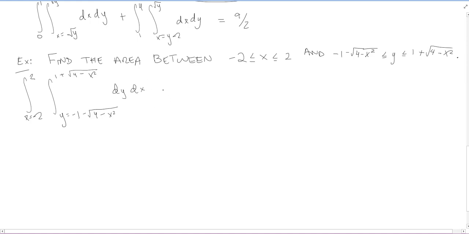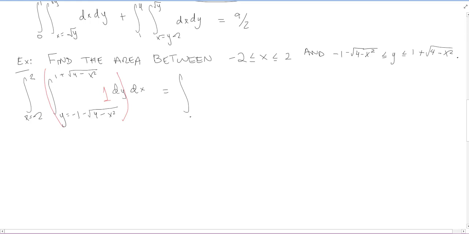Okay, so let's go ahead and start integrating. The setup was easy on this one because of how it was given to us. We didn't have to come up with the bounds. So we have the integral of an invisible 1. I'm just focusing on the inside and integrating with respect to y, and there is an invisible 1 right here. So the integral of 1 with respect to y is just y.